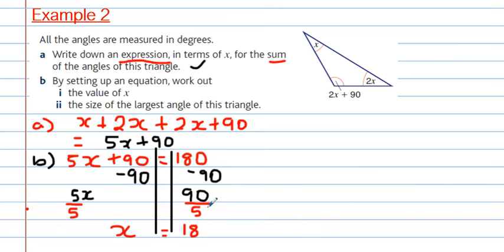Well done. Now we've answered this one as well. We found the value of X. Now to the last part of the question. Work out the size of the largest angle. So we're looking at this angle here. We're going to substitute X equals 18.